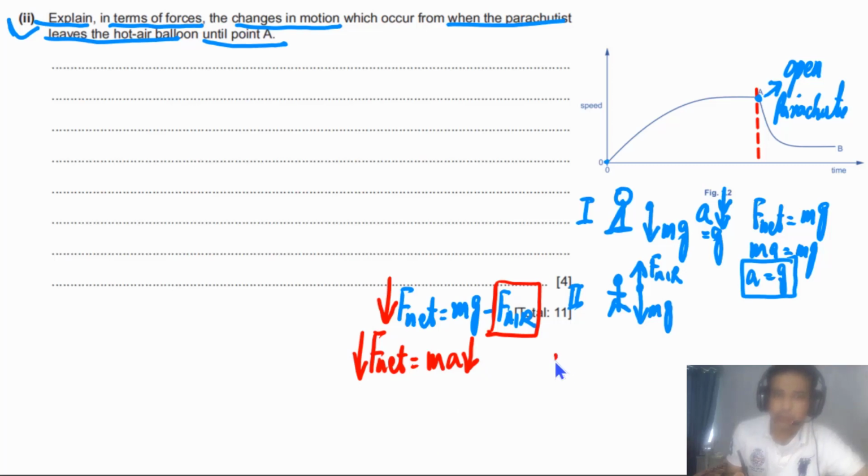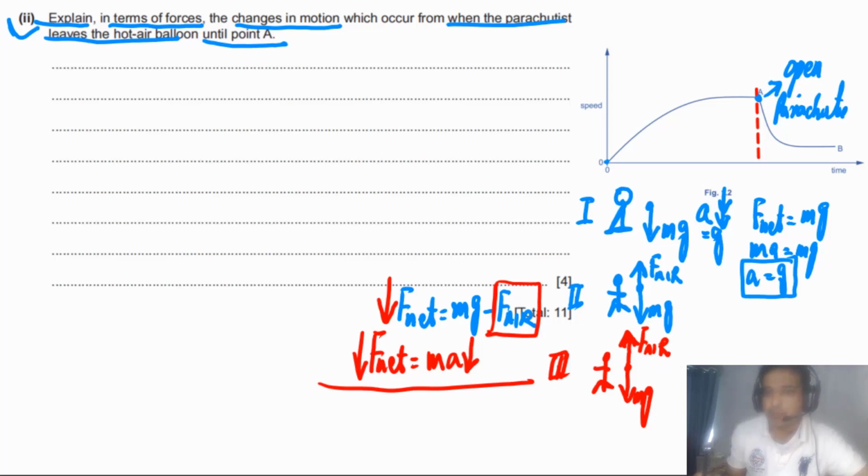So now we can go to the third stage. Third stage, when these two forces are equal, I will be using red color. So at this stage mg is balanced by F air, meaning these two forces are equal. For the third case we can write F net is equal to mg minus F air.